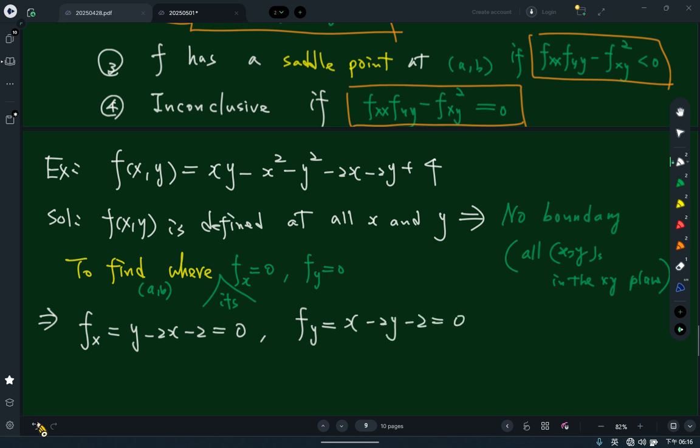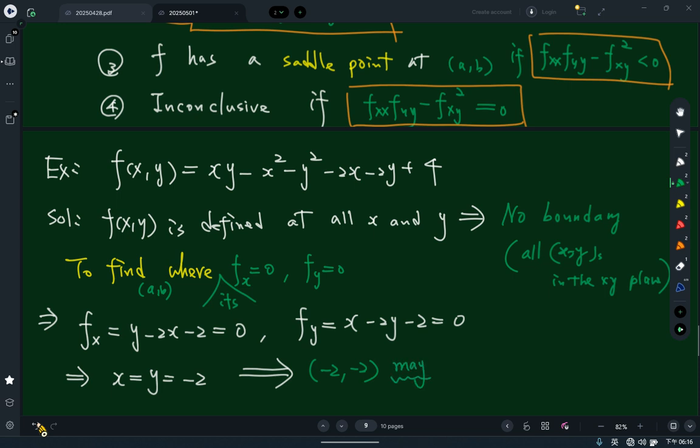If both can be 0, then only x is equal to y is equal to -2, so that we can conclude (-2, -2) may, remember may, have an extreme value.